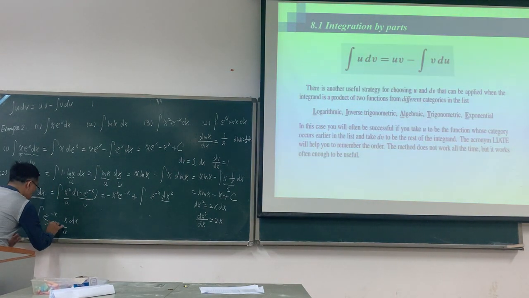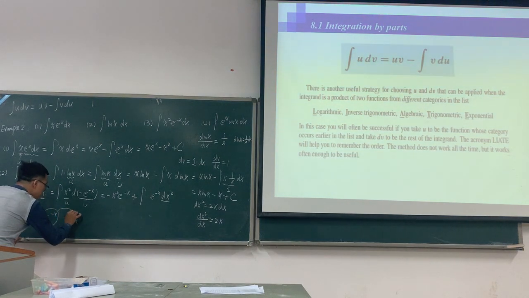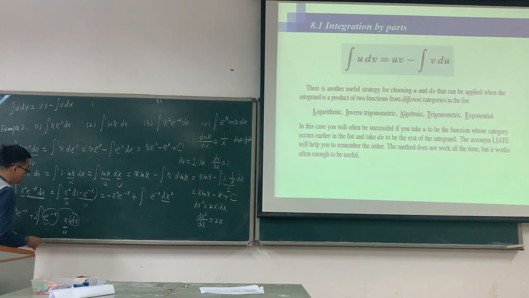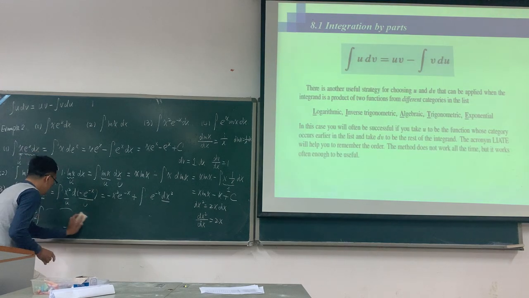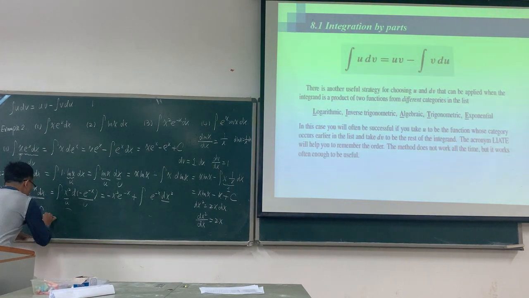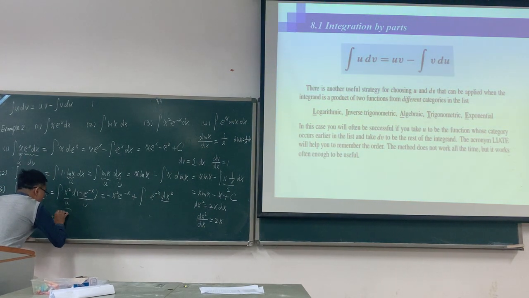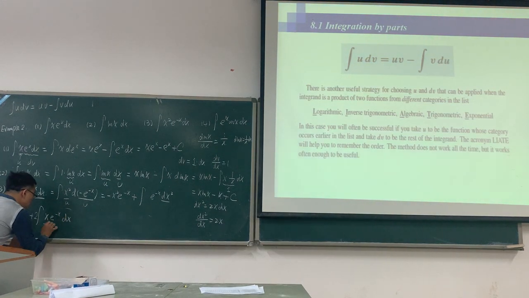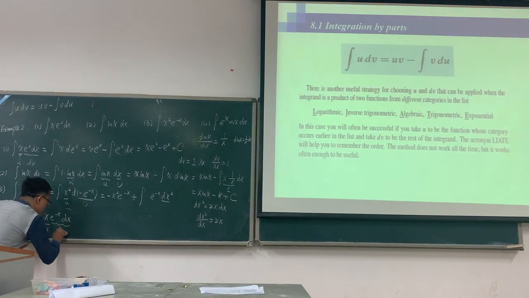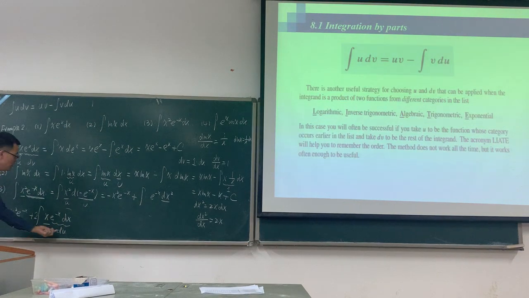So this part is x times e to the minus x dx. This is u, and this part is dv. So dv equals e to the minus x dx.